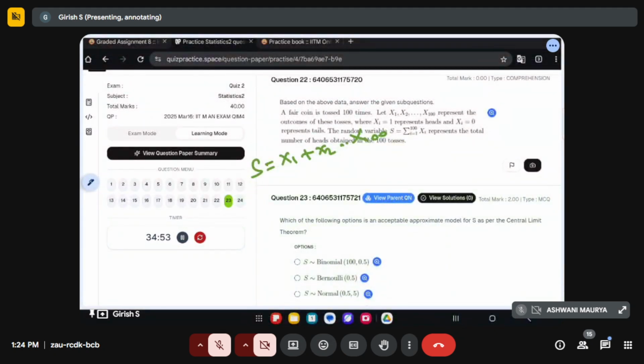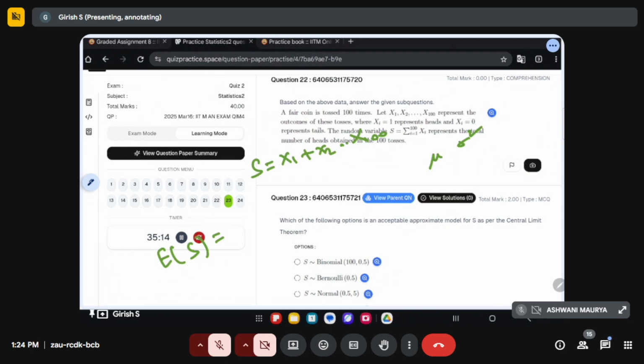Whenever you're doing an approximation using the central limit theorem, you can always have in mind it is going to be a normal distribution. And for a normal distribution, we have two parameters, which are mu and sigma square. How do I calculate mu? What is the expected value of S here? Anyone?